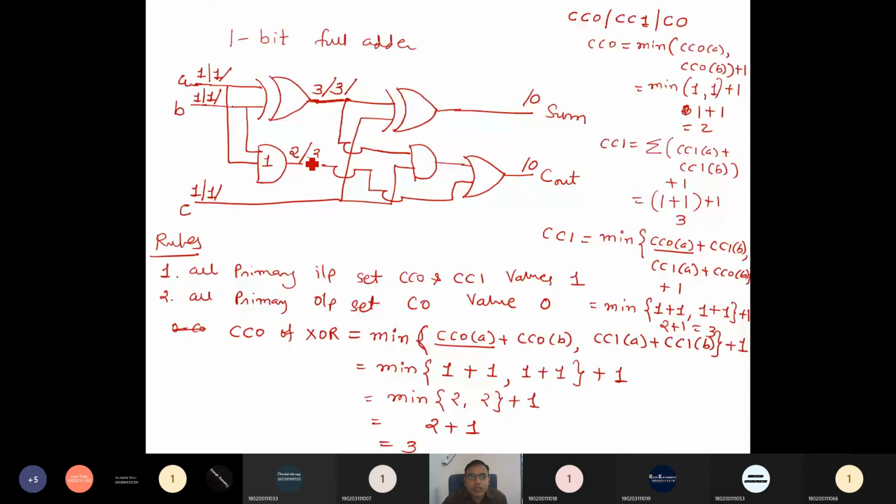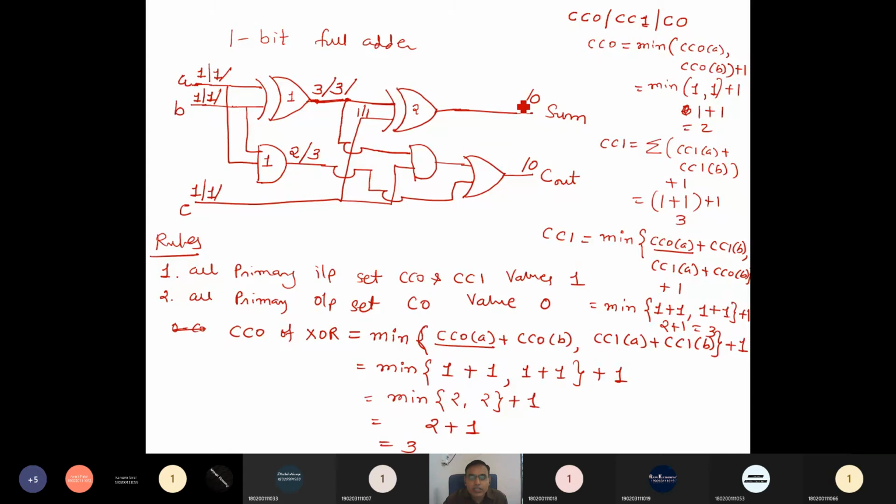Now let me calculate for the second OR gate. Now you have to calculate it. Here one input is the output of the first XOR gate, and another input is C, which already has 1 and 1. So use this 3/3 and 1/1 and find the CC0 and CC1 values of the output of the second XOR gate.